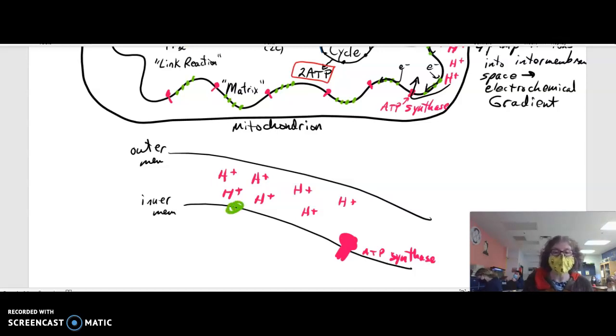So these guys here collected electrons, which flowed this way, and every time an electron flowed through this electron transport chain protein, it pumped some more hydrogen through.